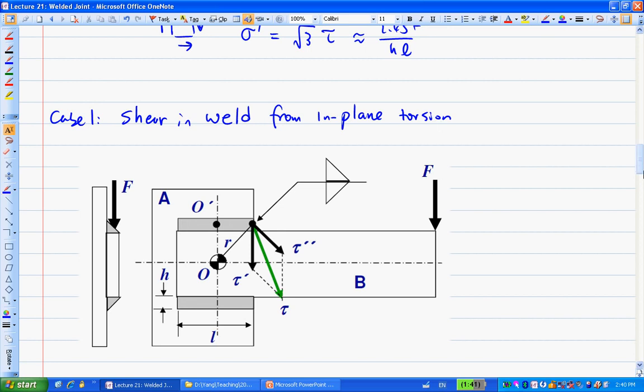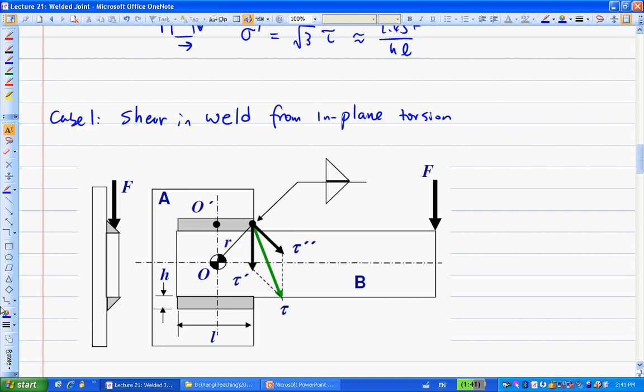It doesn't matter how you weld. You may weld like this, you may weld here, here, here, all around, or you may just weld here and here, right? That's the next question. But the concept of in-plane here is the force. The force applied is in the same plane as the weld group.